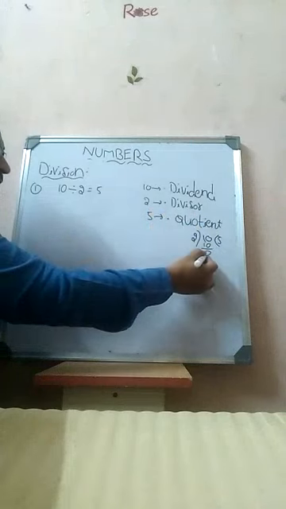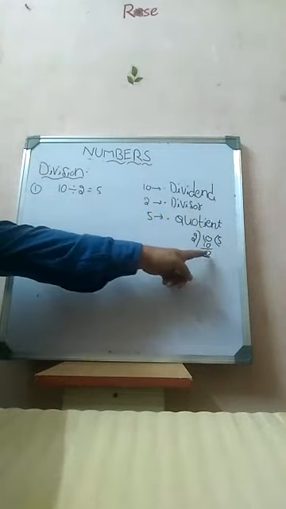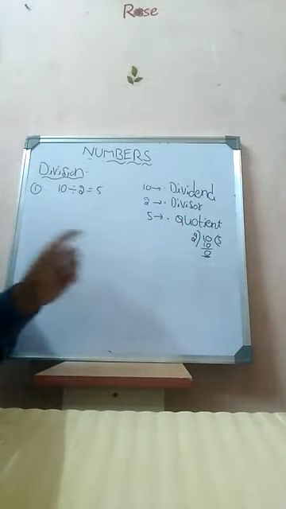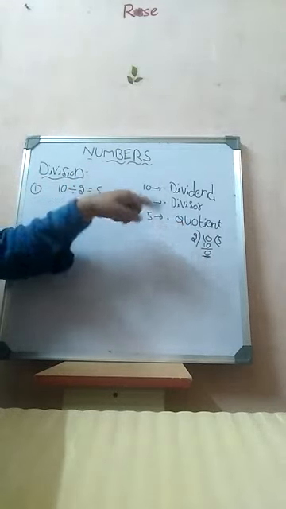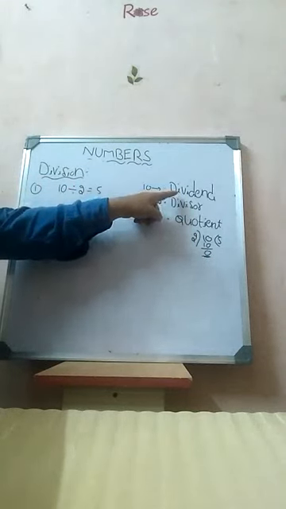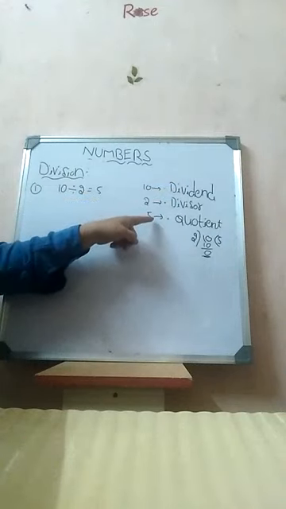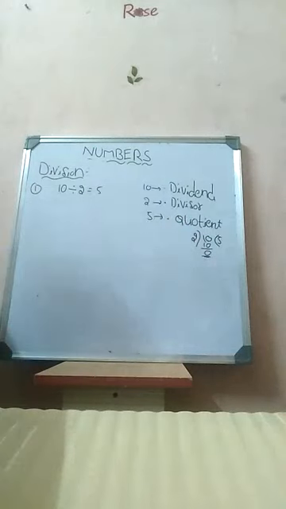And finally, remainder. How much remains after division? So here sometimes 0, 1, 2, 3, whatsoever remains, that is called remainder. So mainly you have to remember three things. What is divided is called dividend. And what is dividing here is called divisor. Then how many times it is, we call it quotient.